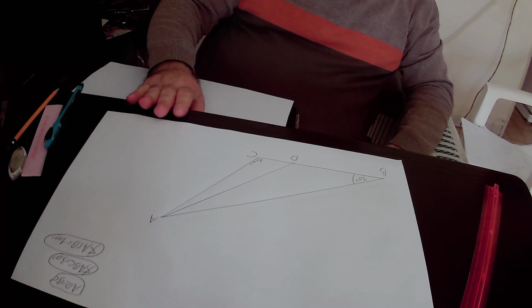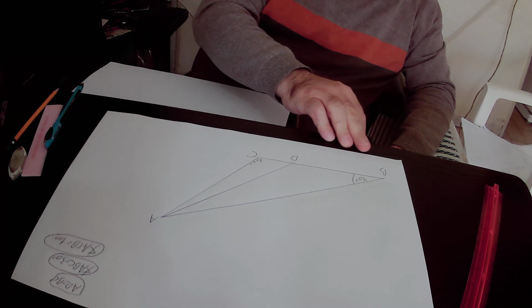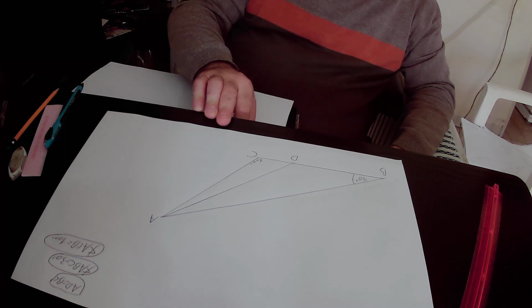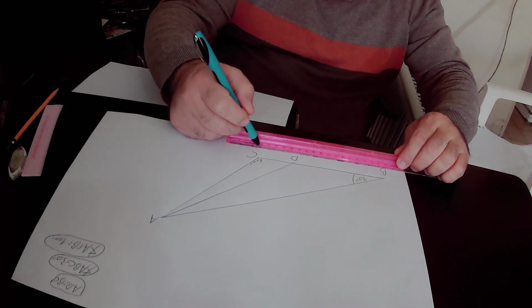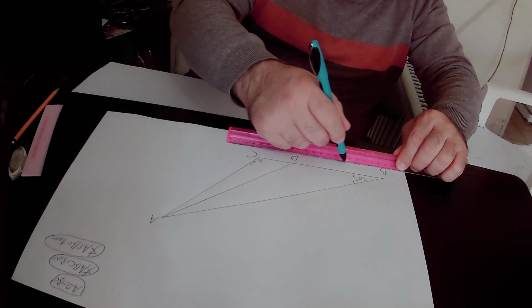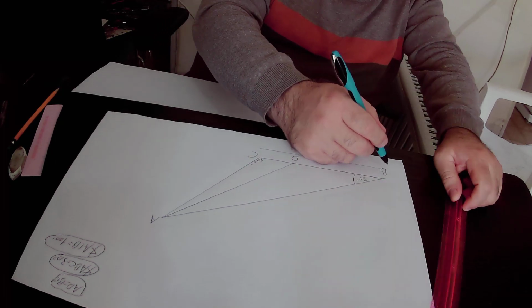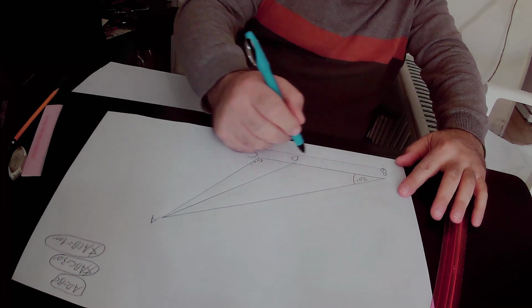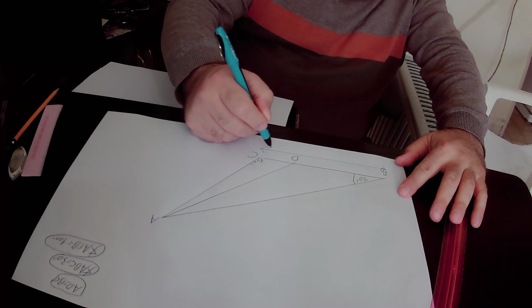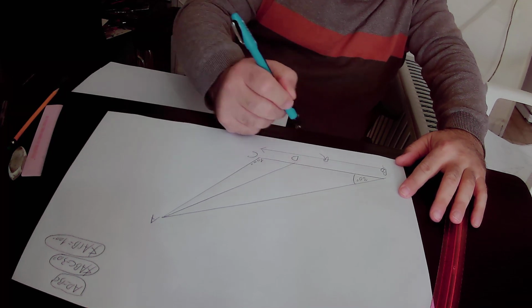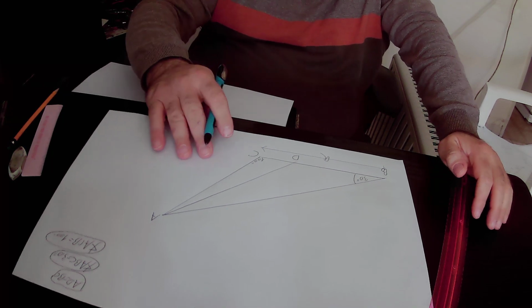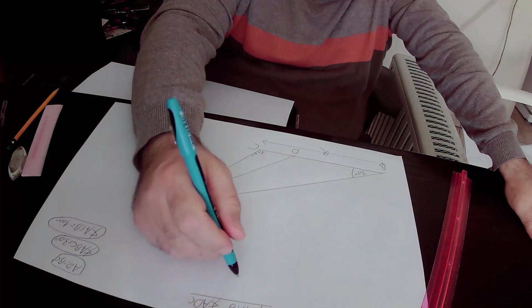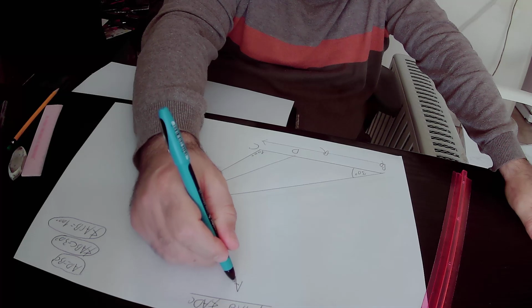In the second method, we will define side BC of triangle ABC as A. That is to say, the length of side BC is equal to A units. And according to what is given in the question, AD equals BC.